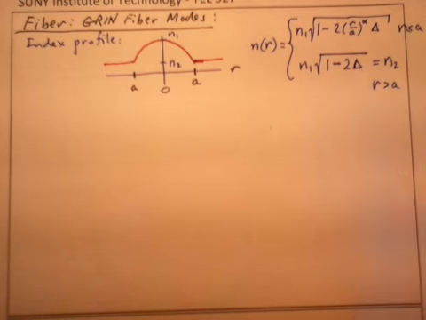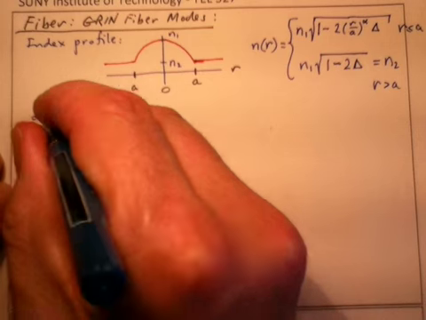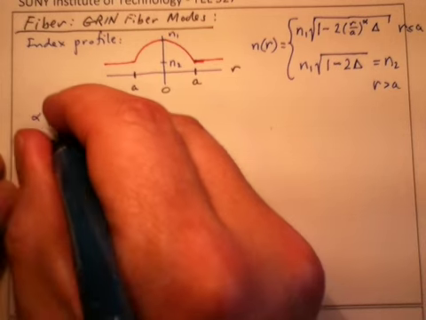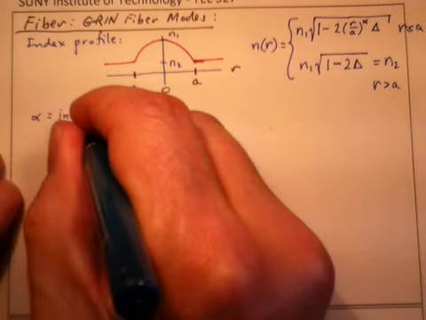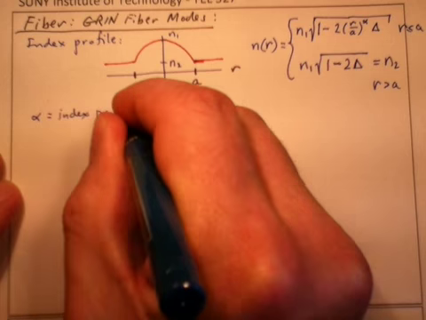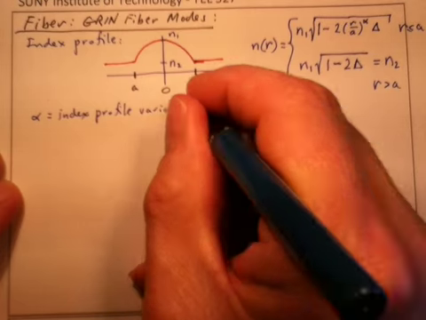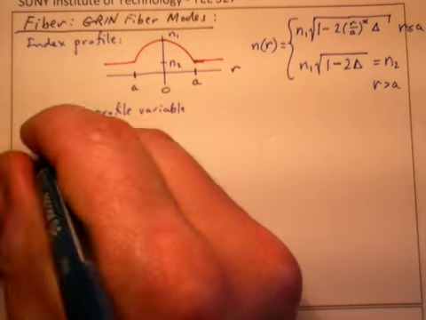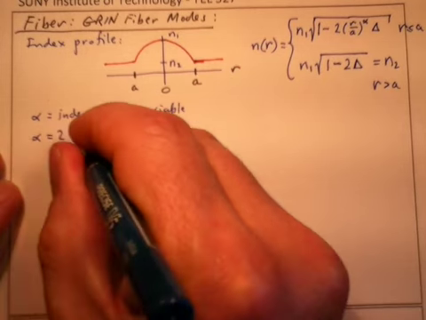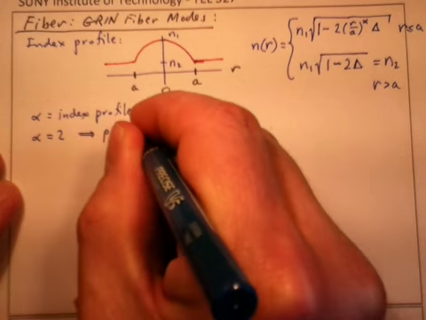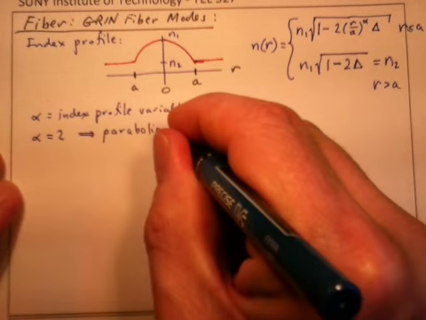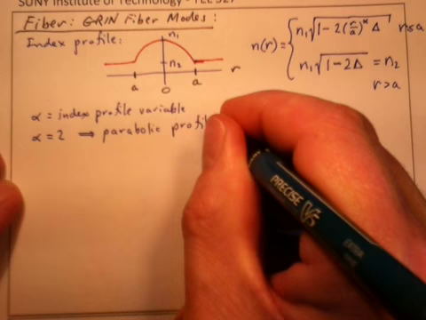Alpha characterizes the index profile. It's a variable. And if alpha is equal to 2, we get a parabolic profile, and I think that's the most common.